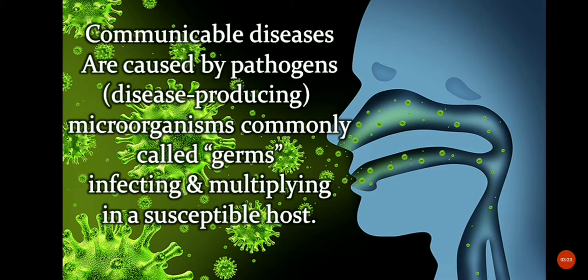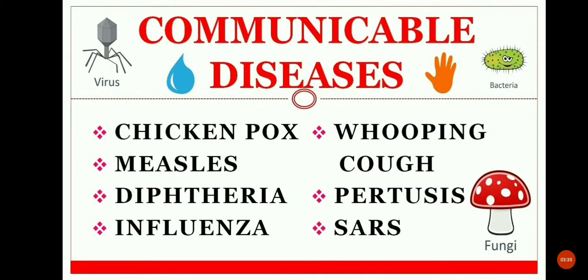Infection is the invasion of the body by the disease-causing organism that affects the health of the individual. Some causes of communicable diseases are chickenpox, measles, diphtheria, influenza, whooping cough or pertussis, and also SARS.